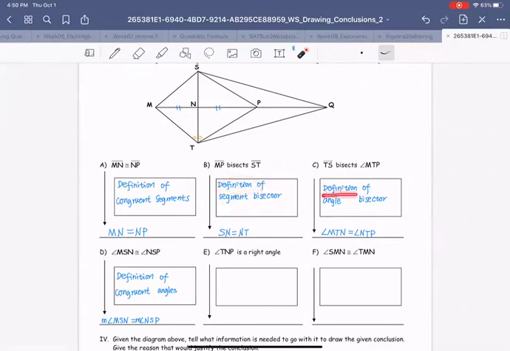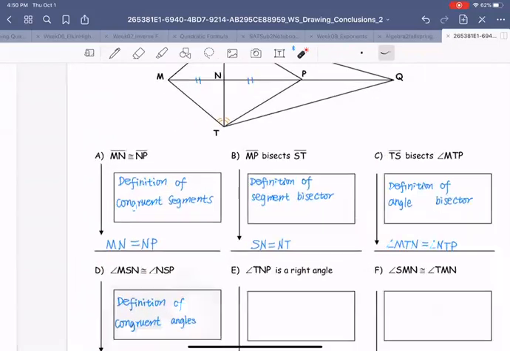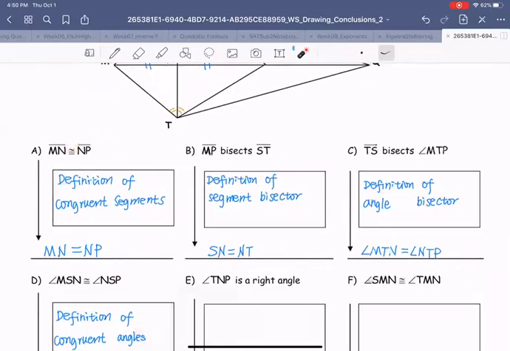Over here, you say definition of angle bisector. When you have two line segments congruent, you say definition of congruent segments. When you have two angles congruent, you write definition of congruent angles. For here, you just write down equal.